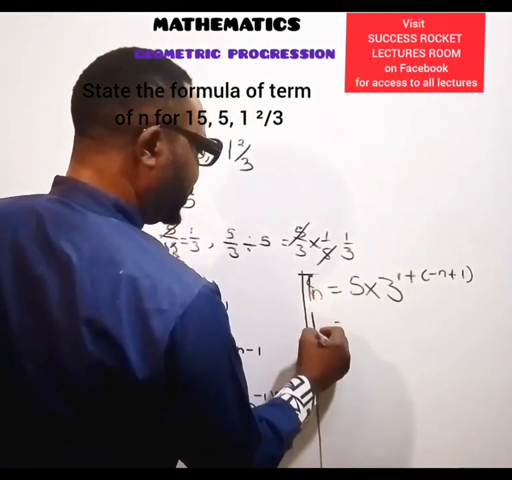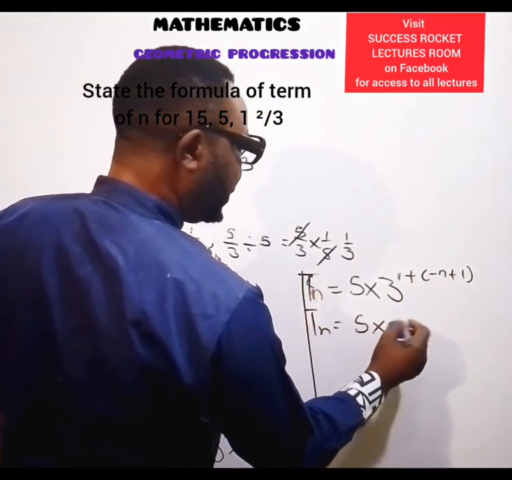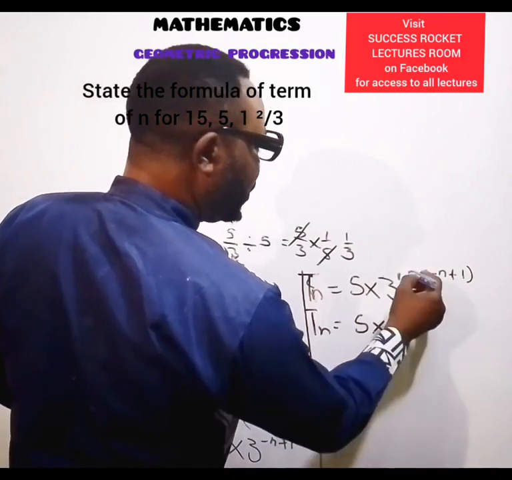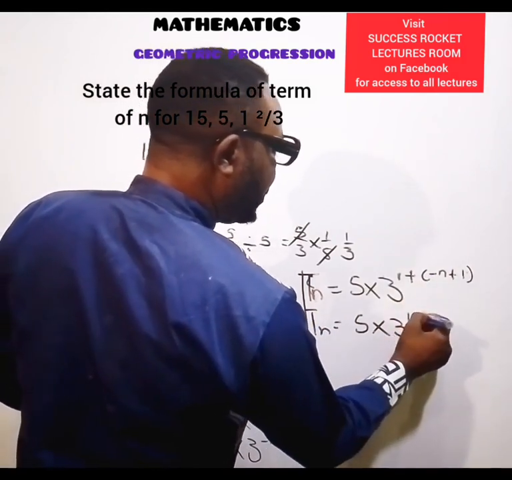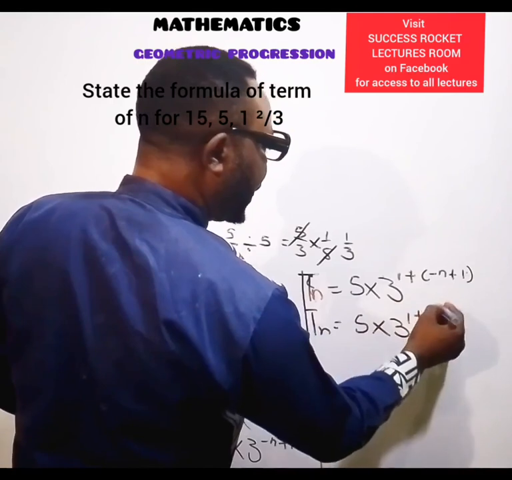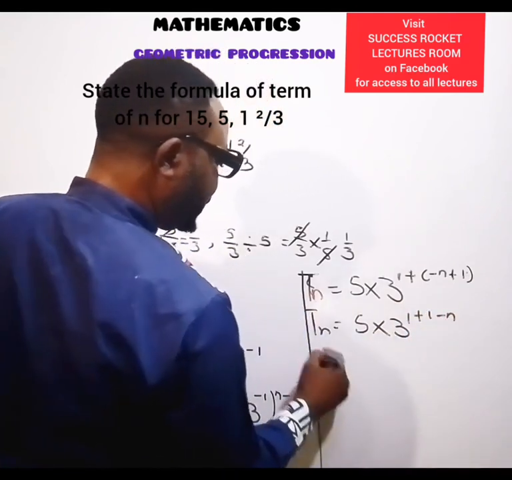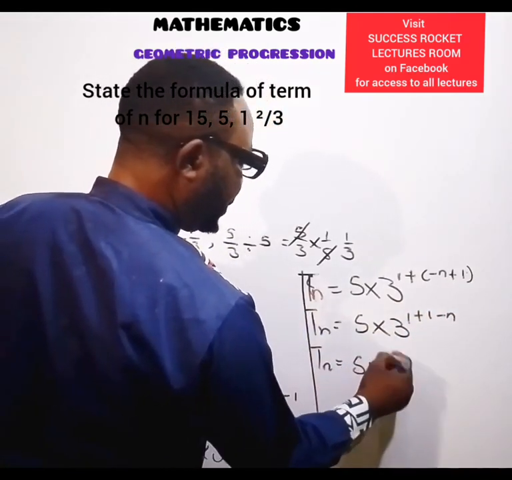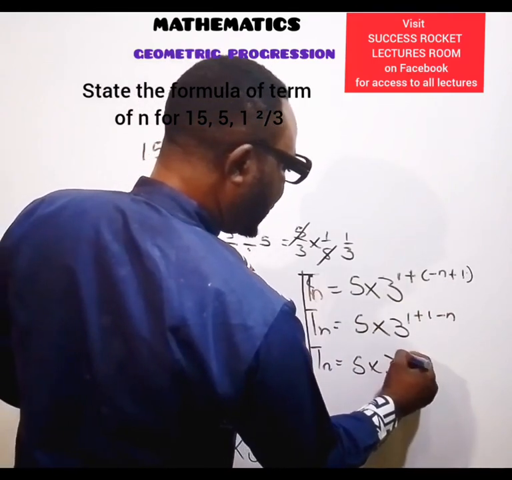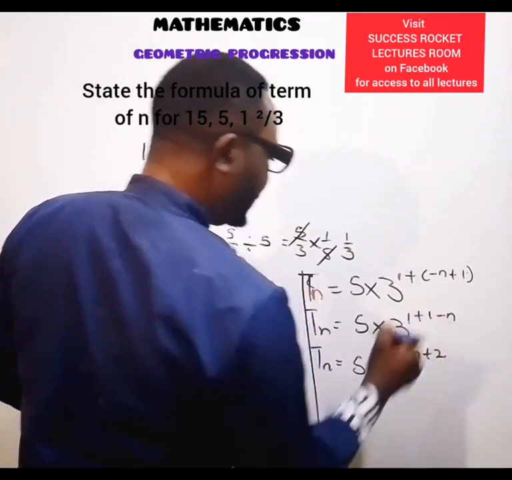So we are having 5 multiplied by 3 raised to the power of 1 plus 1. We have to open up the bracket, minus n. We have it: 5 multiplied by 3 raised to the power of minus n plus 2.